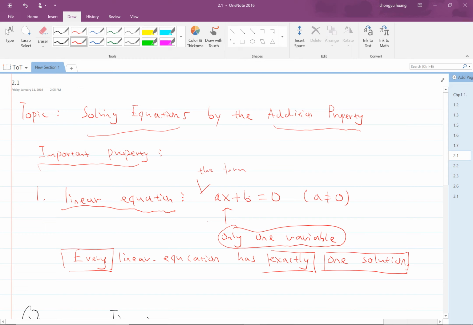Usually the form of a linear equation is ax plus b is equal to 0, and a cannot be 0.